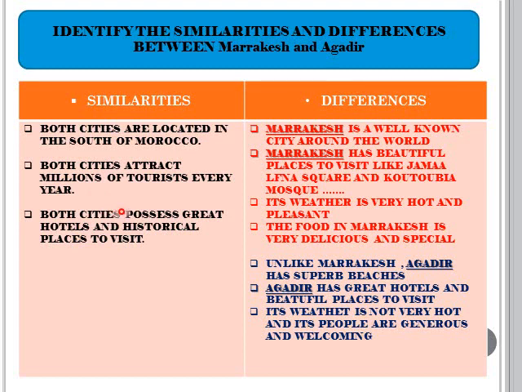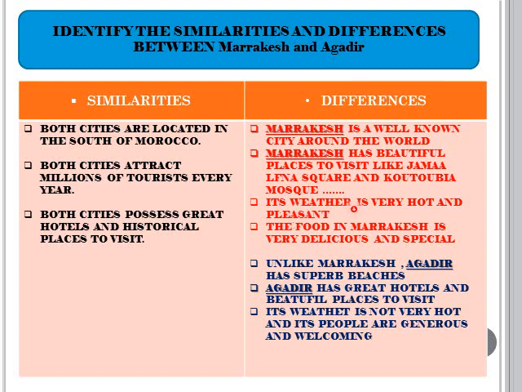Alright. Now differences. Let's start with Marrakech. When you search for Marrakech, of course, Marrakech is a well-known city around the world, a well-known tourist city. Number 2, Marrakech has beautiful places to visit like Jemaa el-Fna Square and Koutoubia Mosque.